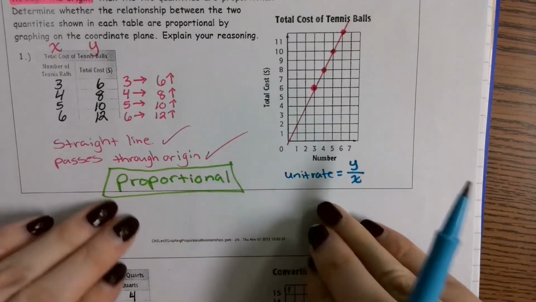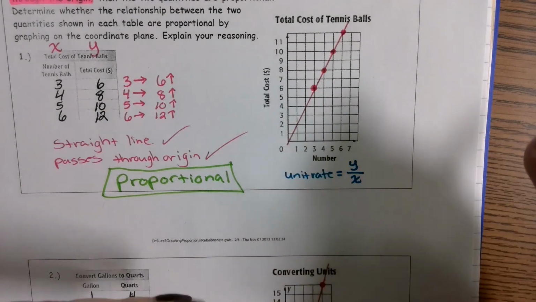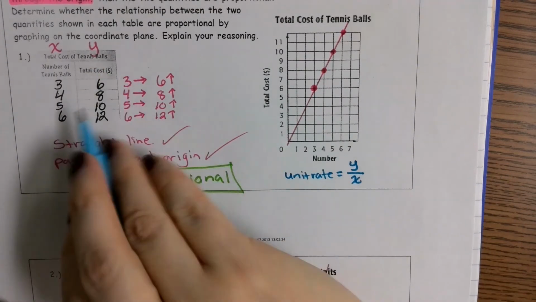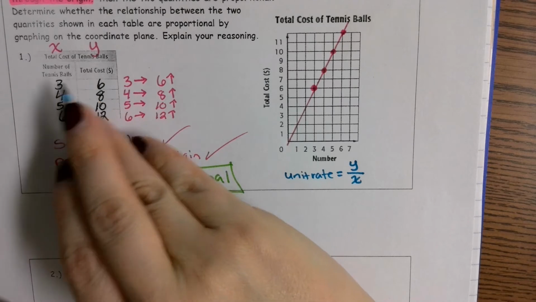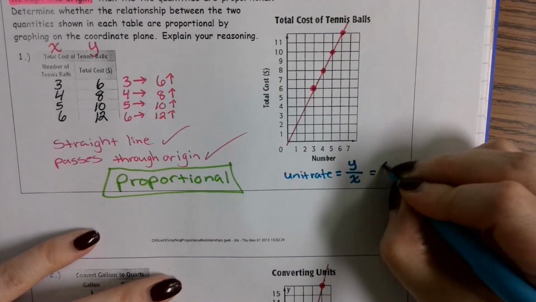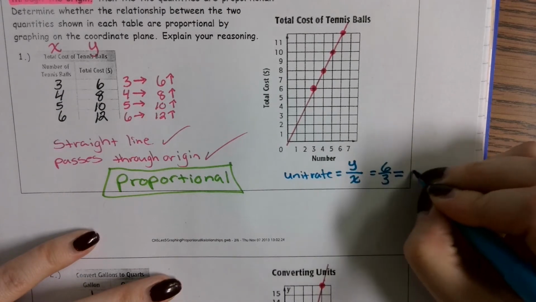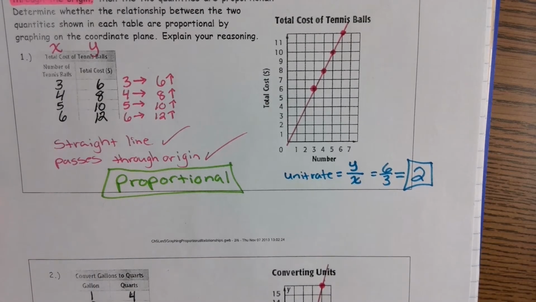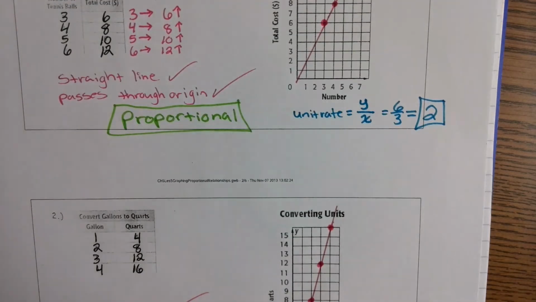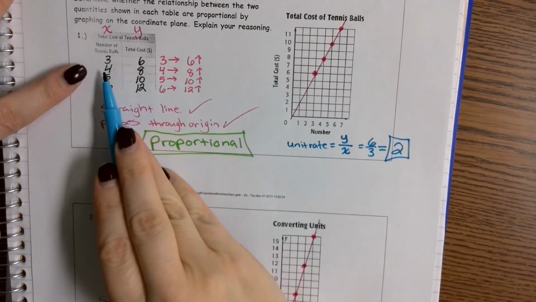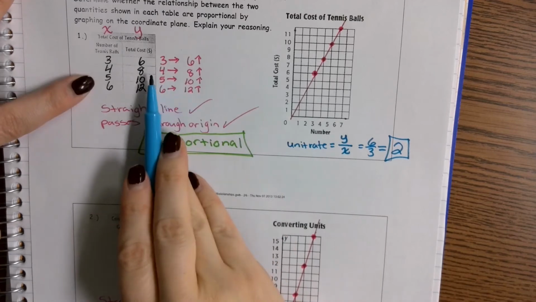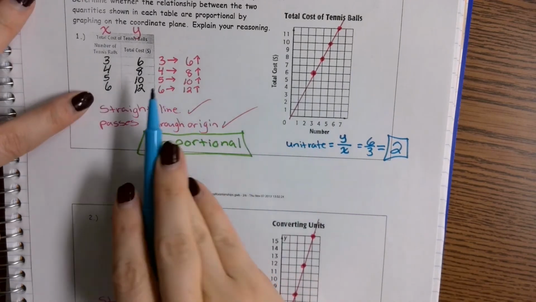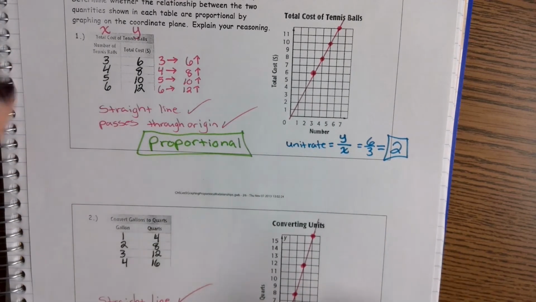Since we already know it's proportional, we only have to pick one point. So I'll pick my first point. What is 6 divided by 3? 2. So my unit rate is a 2. Simple enough. That's the unit rate. If you were to do that for every point, 8 divided by 4 is 2. 10 divided by 5, 2. 12 divided by 6, 2.